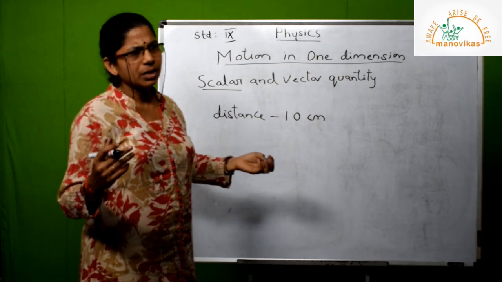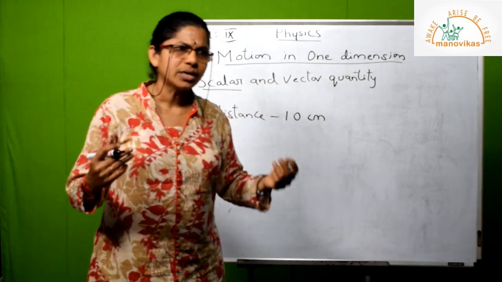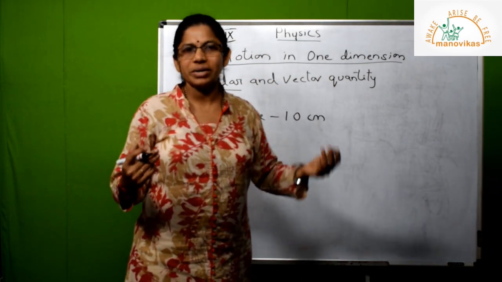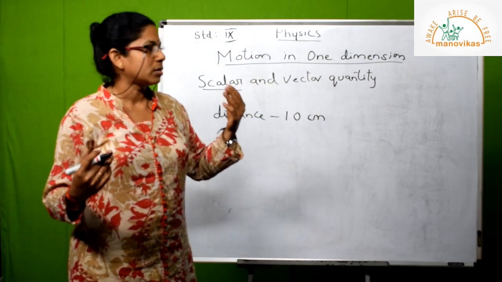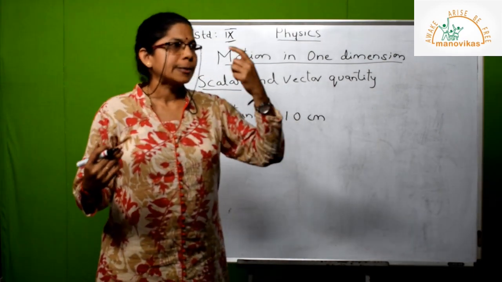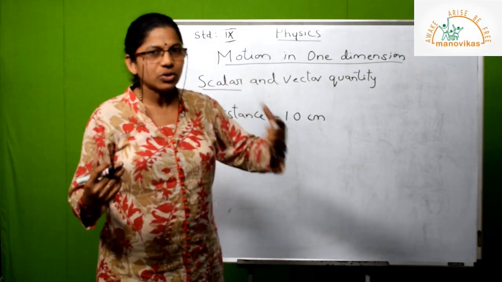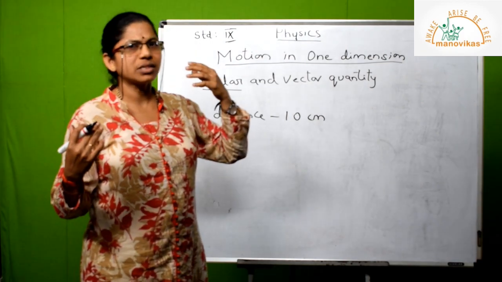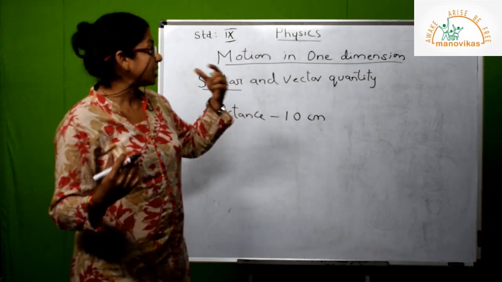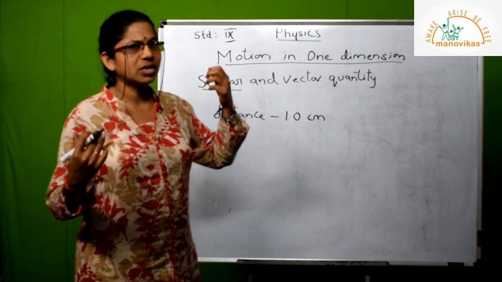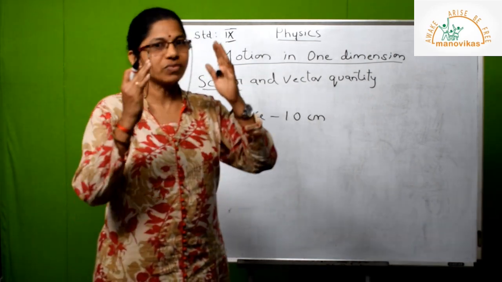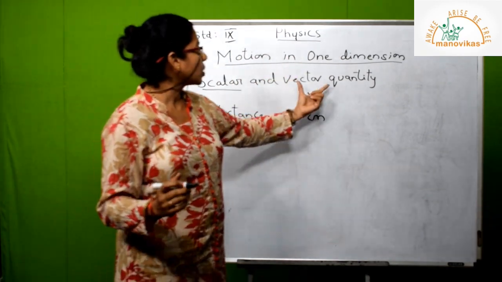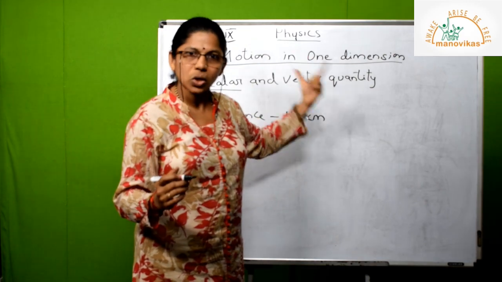For example, if I say that the speed of wind is 120 kilometers per hour, but I don't mention the direction in which the wind is blowing, that means I'm not giving the proper information. So it is very important in certain physical quantities to mention, along with the magnitude, the direction as well. Such quantities are called vector quantities.